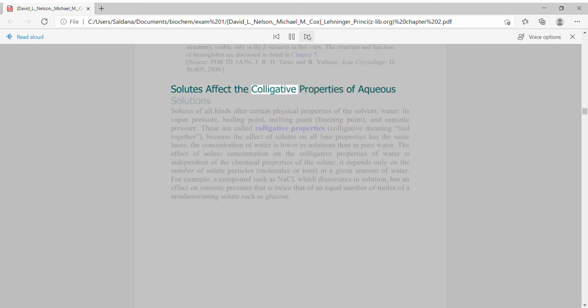Solutes affect the colligative properties of aqueous solutions. Solutes of all kinds alter certain physical properties of the solvent, water: its vapor pressure, boiling point, melting point, freezing point, and osmotic pressure. These are called colligative properties, colligative meaning tied together, because the effect of solutes on all 4 properties has the same basis.